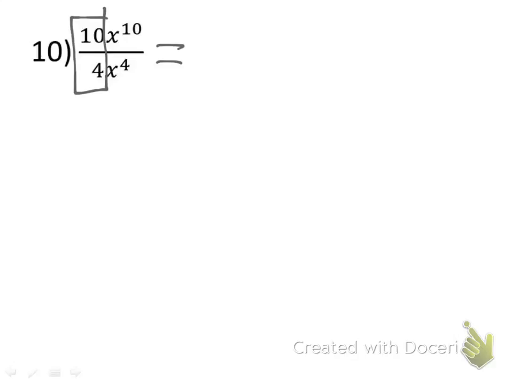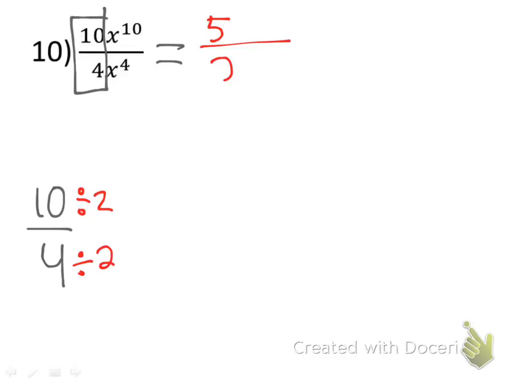Yeah, that's just the fraction 10 over 4. Regular old numbers. If I had regular old 10 over regular old 4, what would I do to each of them? Divide them by 2. You're just reducing the fraction. So you would have 5 over 2.